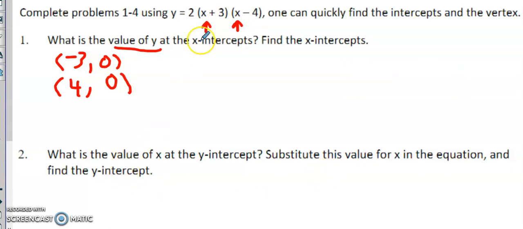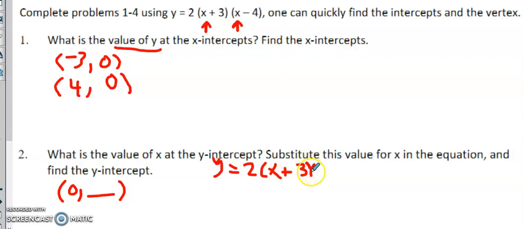So this is the x-intercepts, also called the root. In problem number 2, it's asking for the y-intercept. So for the y-intercept, the x value is 0, and what we're looking for is the y value. So if I go back to the original equation here, y equals 2 times quantity of x plus 3, x minus 4.